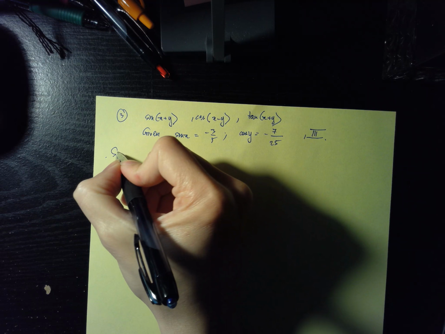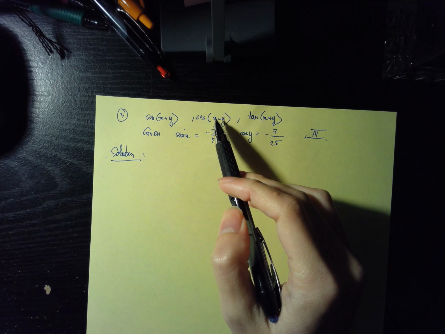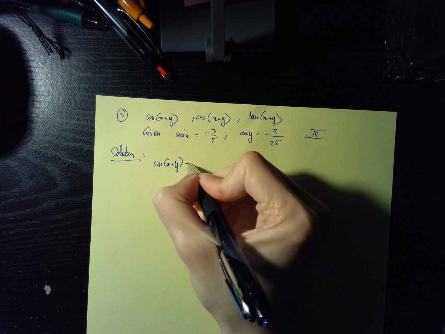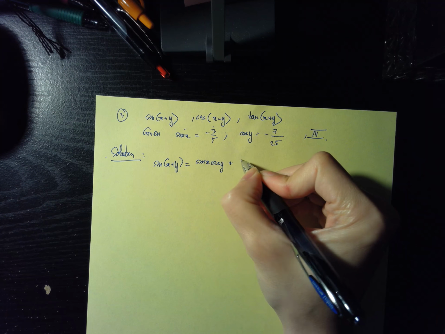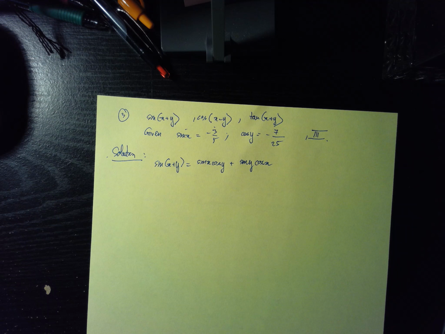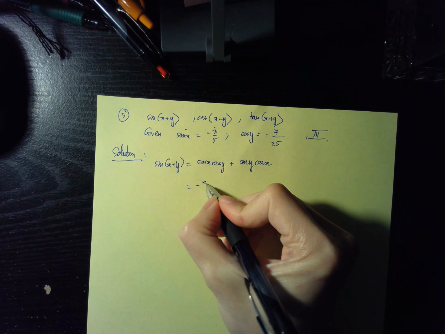Okay, so let's see how we do that. This is sine of the sum and cosine of the difference. We have the formula already. So sine of the sum is what? Sine of x cosine y plus sine y cosine x, right? You just need to memorize the formula. So sine of x, what we already have here is negative 3 over 5.